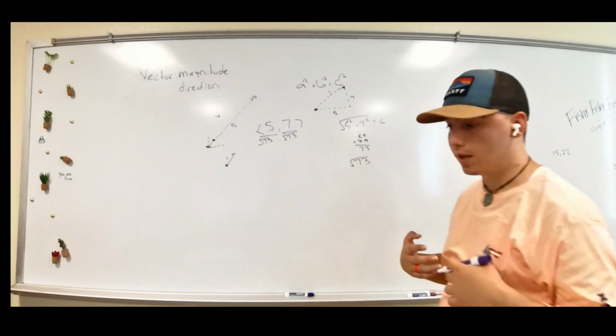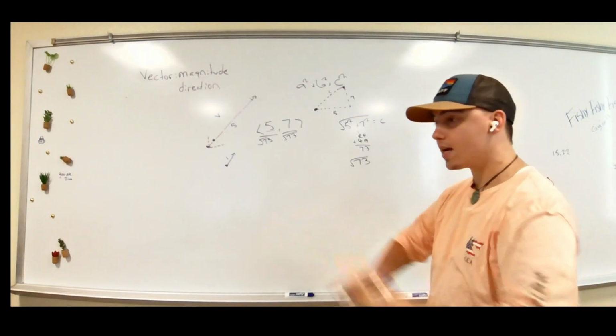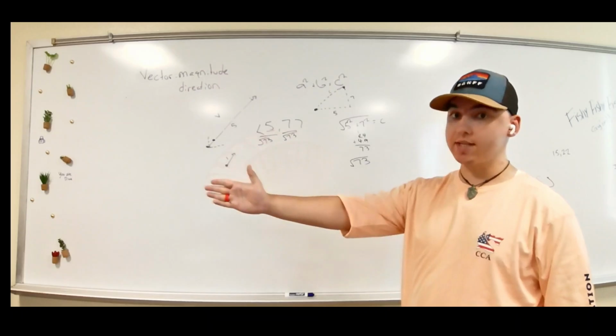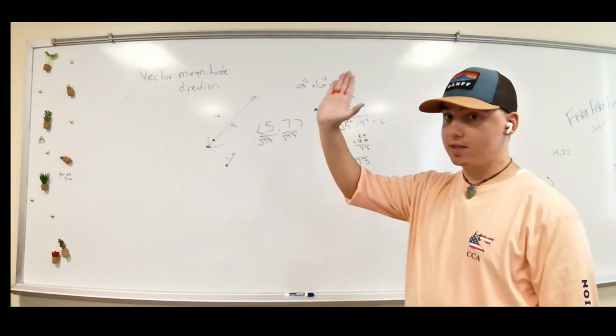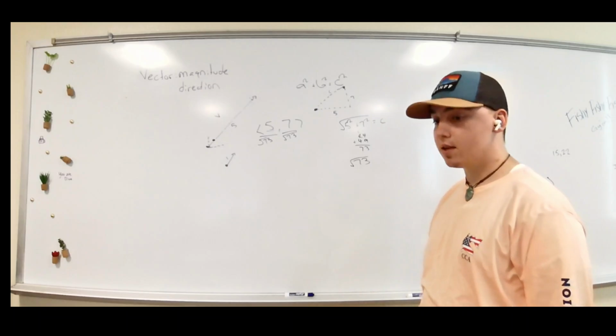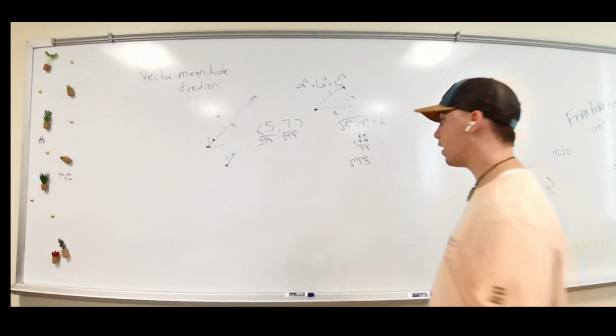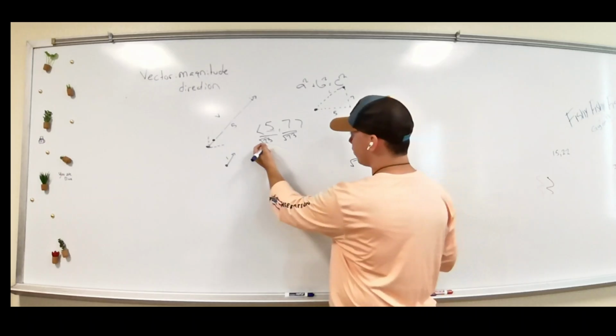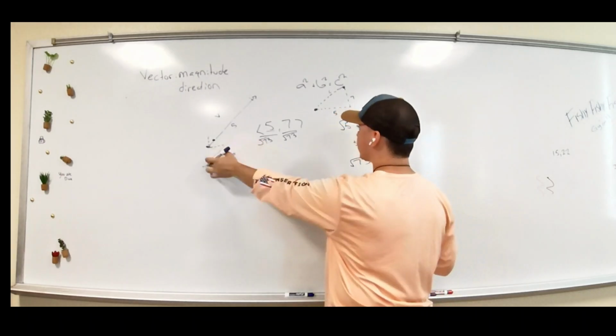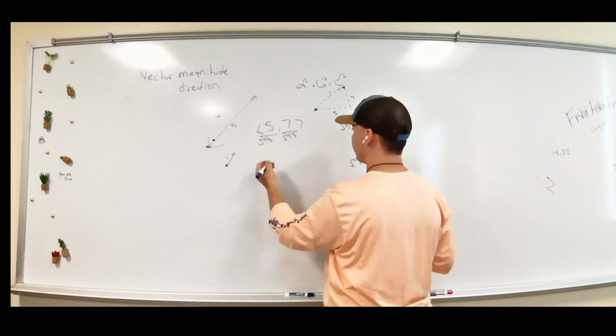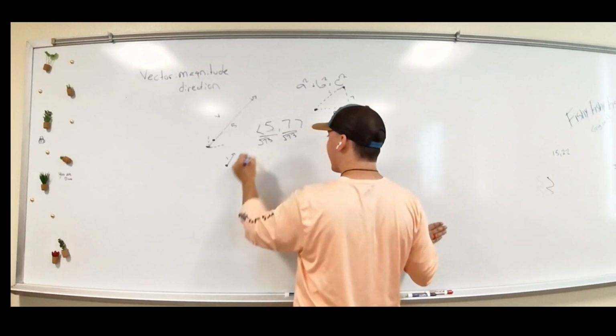If you're going 5 on the x-axis, that's a magnitude of 5 on the x-axis. If you're going 7 on the y-axis, that's a magnitude of 7 on the y-axis. So you just divide by the magnitude of the actual vector, and you're going to get a unit vector.